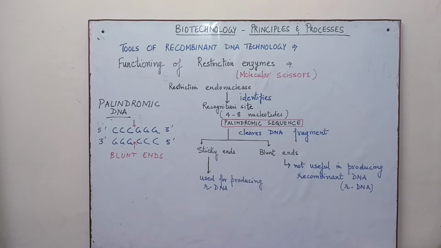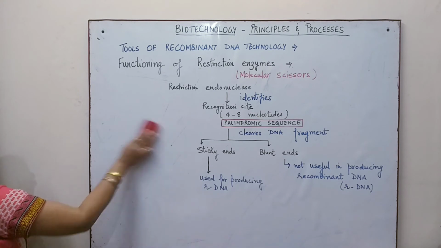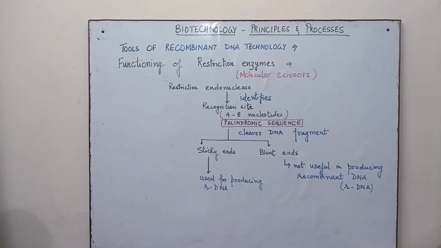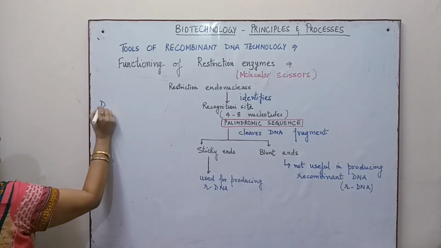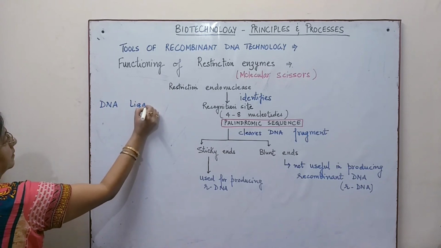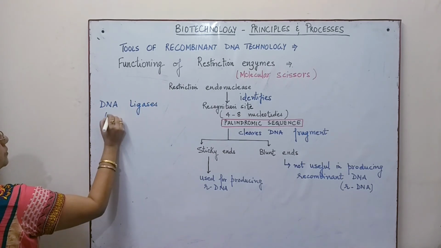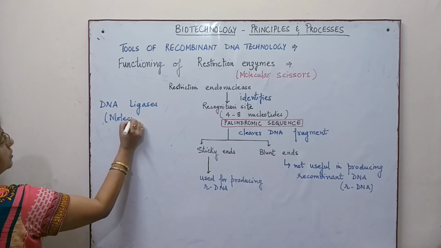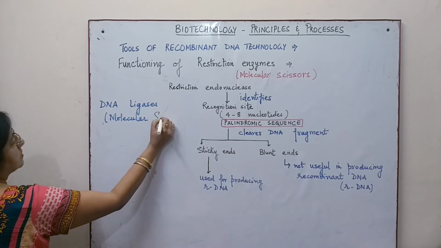One of the tools of the enzymes are the ligases and polymerases. Restriction enzymes are known as molecular scissors.